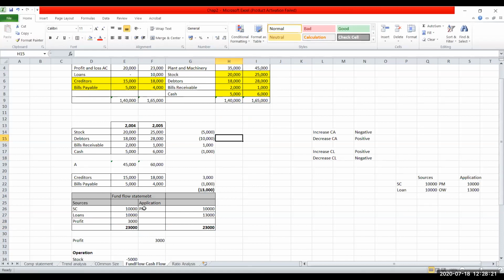And application: whatever money we got, we applied only to the purchase of machinery, that is, we have spent 10,000. And what are the changes in working capital? This is the effect of working capital. That is coming as application of fund, because I am getting 13,000 as negative, so I am putting it here, and my fund flow statement is matched.